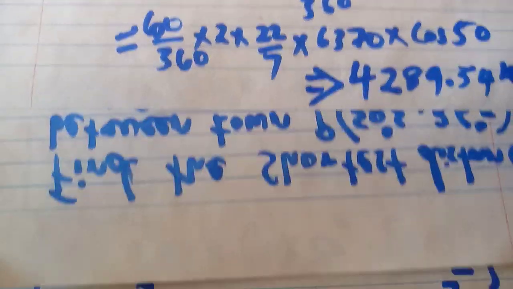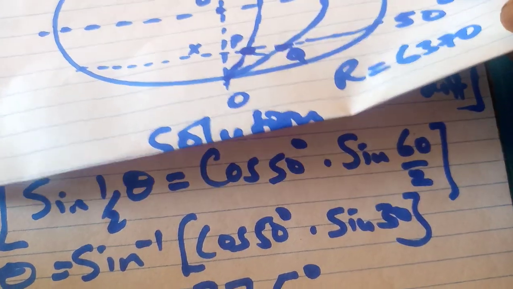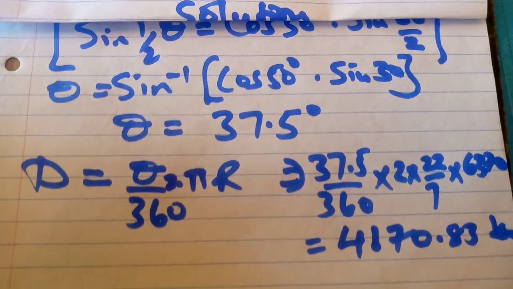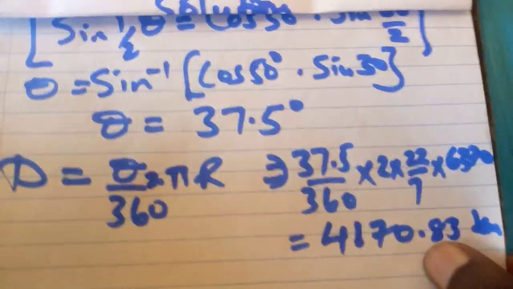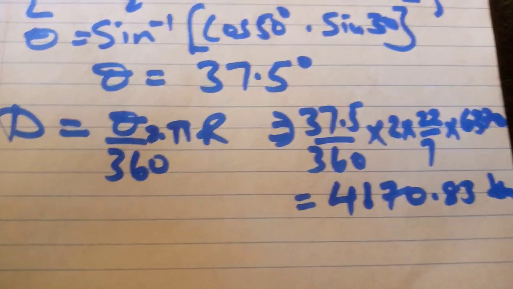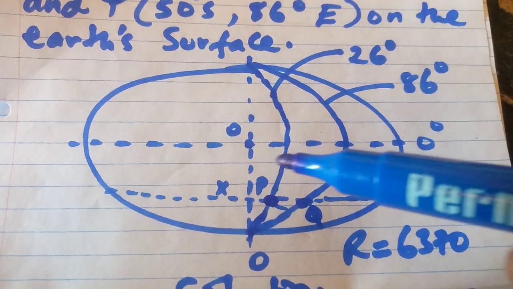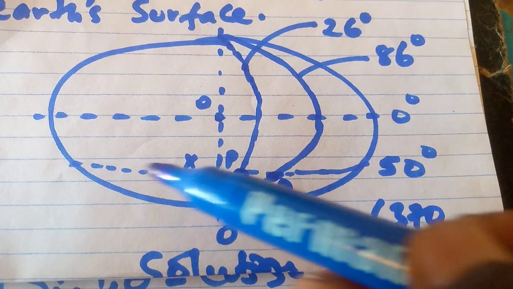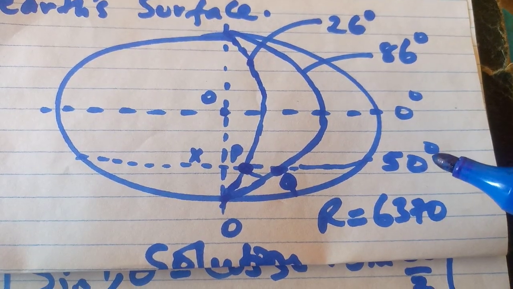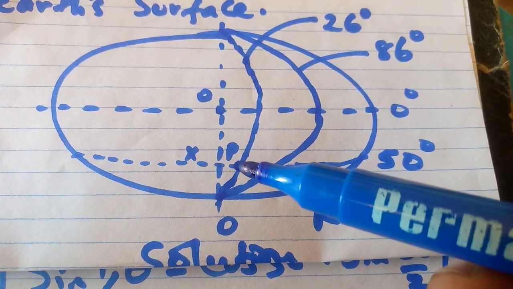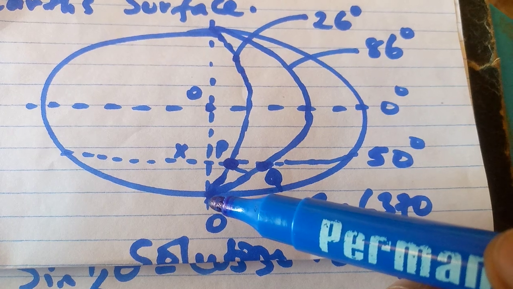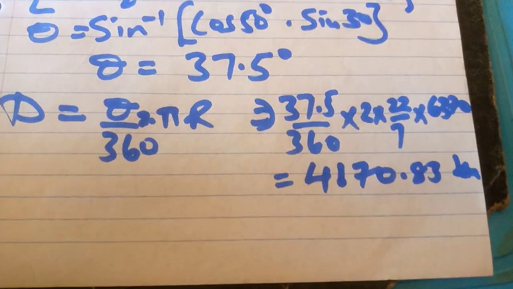So guys, what do you realize? Of course, it goes without saying that distance along the great circle is usually shorter compared to when you move along the parallel. Can you imagine you're being told that from P to Q along this parallel of latitude is longer compared to moving from P to the center of the earth there, or the south pole, and then to Q. That is what it typically means.